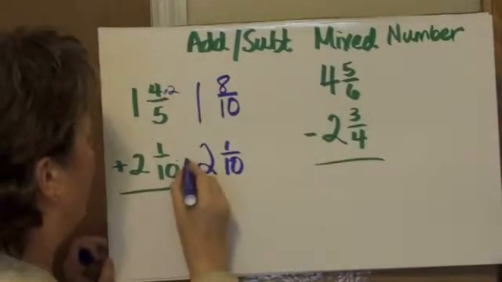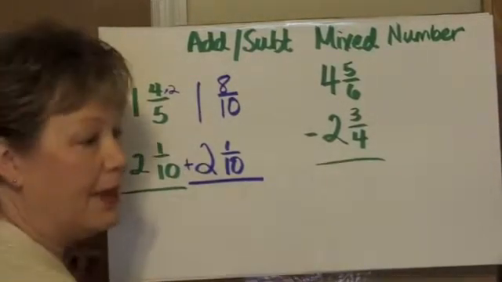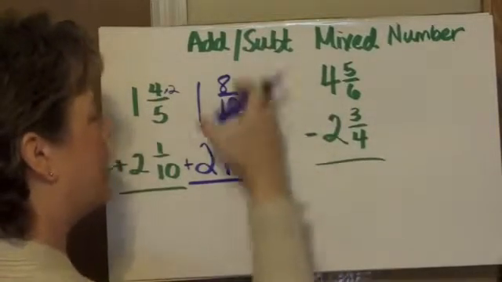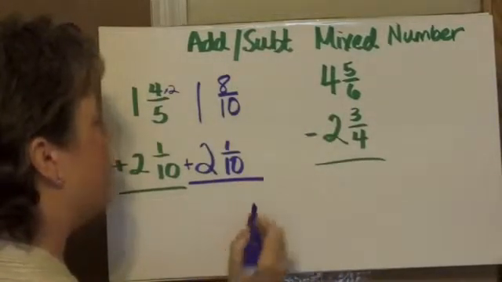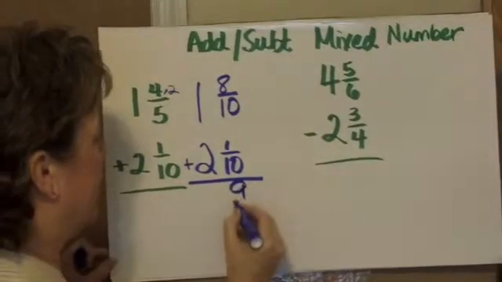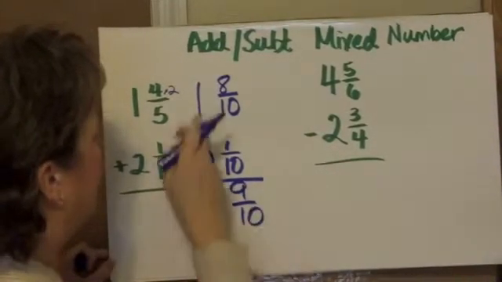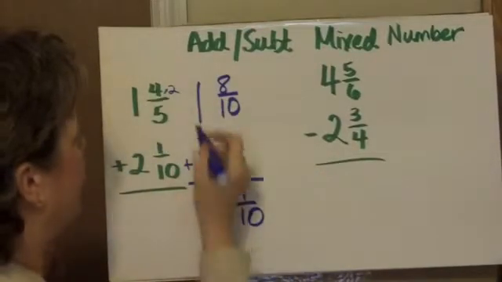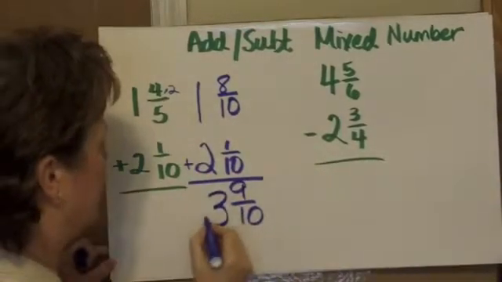So now I will add those up, and I'm going to add starting on the right. So I'm going to add the fraction first. I'm going to have 8 tenths and 1/10, and I'm going to get 9 tenths. And then I'll move over to the left, and 1 plus 2 is 3.